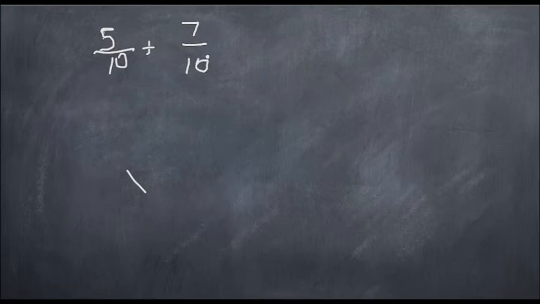Well, this is how you do it. Now make sure that you can only do this if the bottom, which is, remember, the denominator, is the same on both of the fractions. So let's say you have 5 and you get to 12 on 10. So as you can see, all I've done is 5 plus 7.